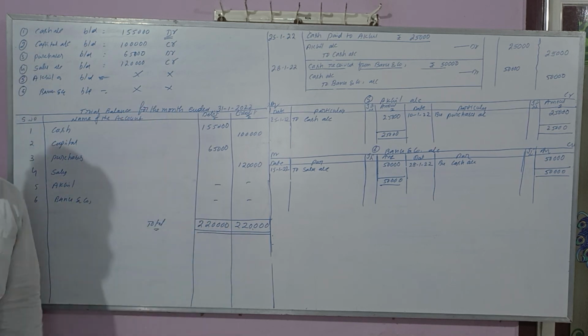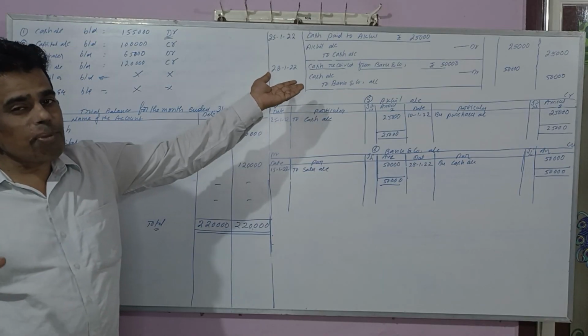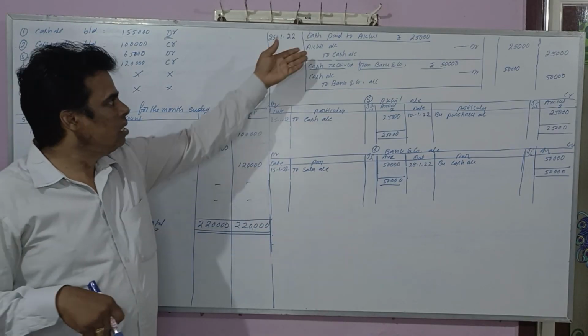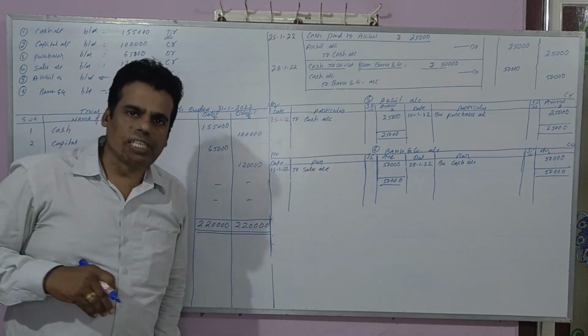Agree means tallied. If this amount is not tallied, errors have been committed at the time of preparation of journal entries, or at the time of posting these entries into the ledger, or at the time of balancing.